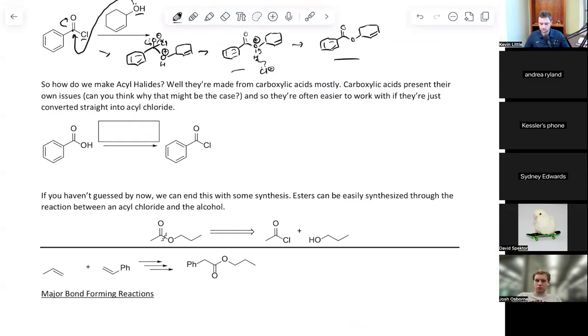All right, so how do we form these? Some SOCl2 will form it. If you want, this is a good exercise.